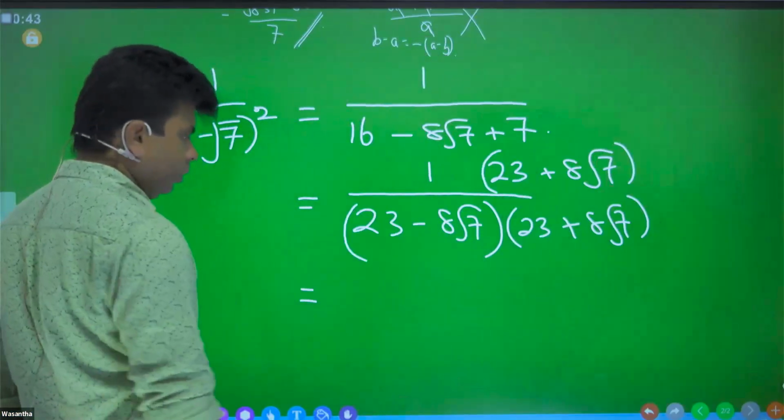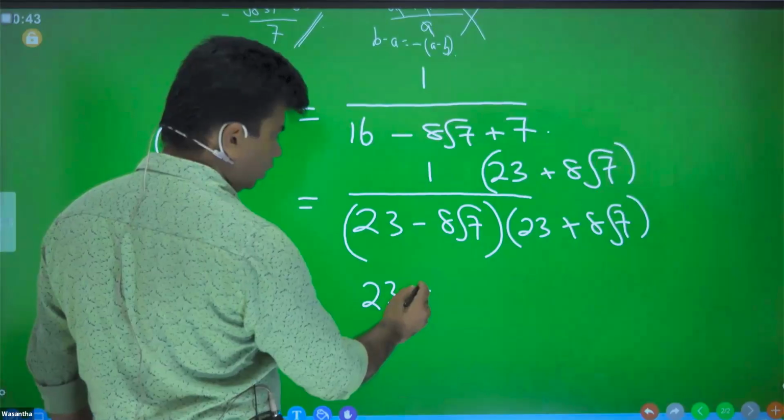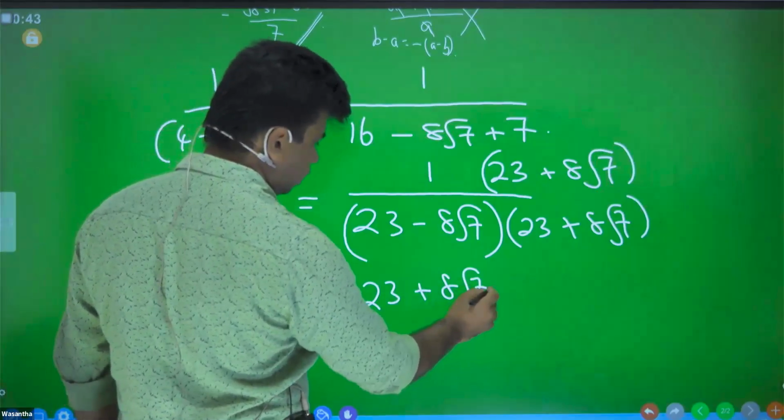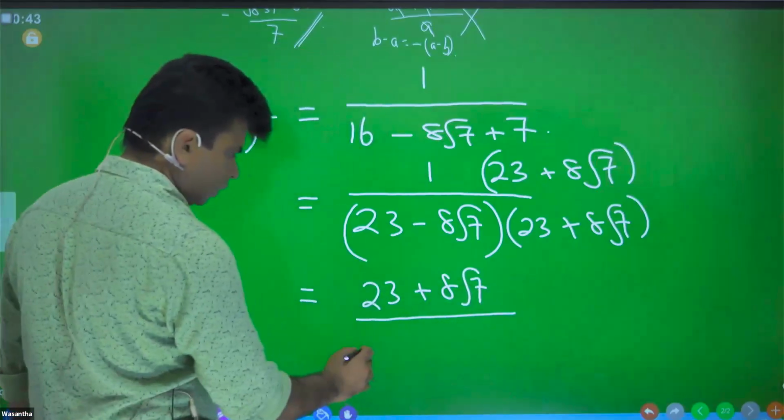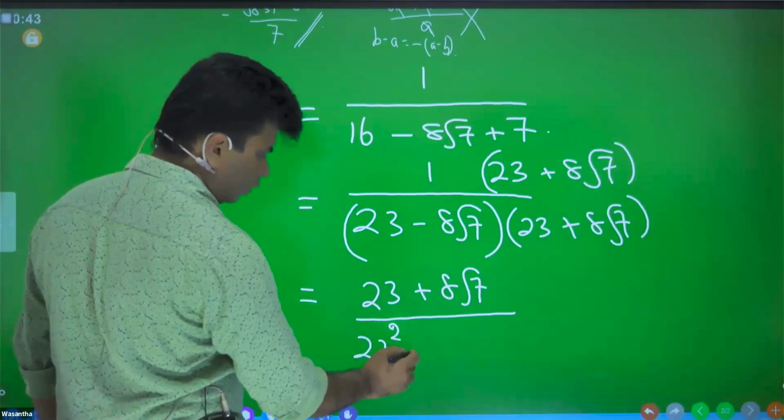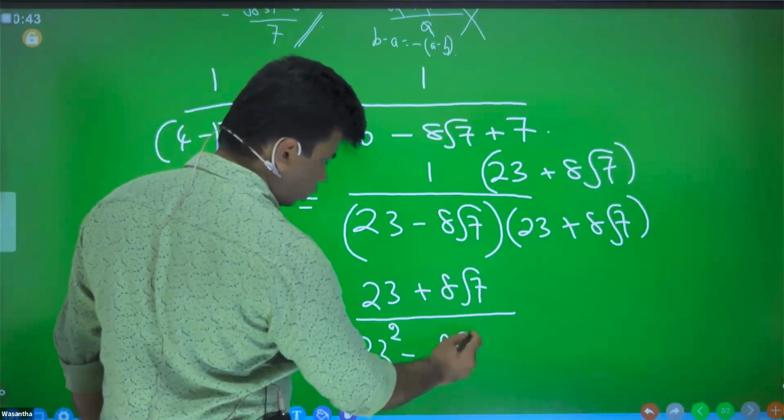Now you will have 23 plus 8 root 7 divided by 23 squared minus 8 root 7 squared.